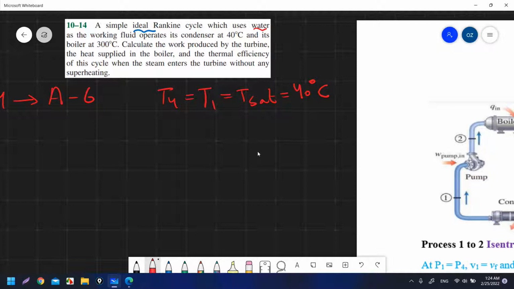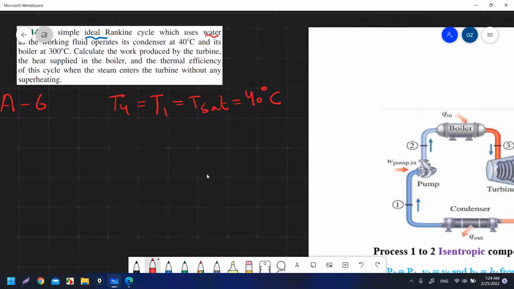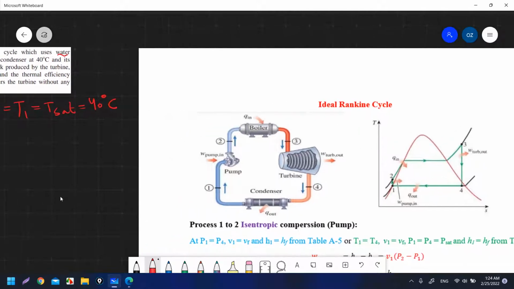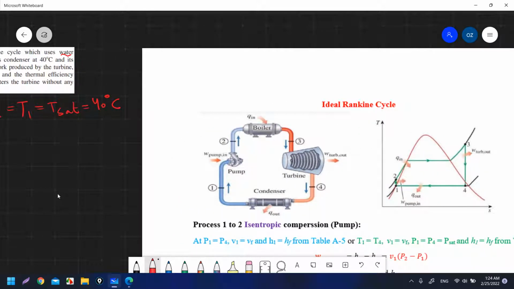And its boiler at 300 degrees Celsius. The boiler at 300 degrees Celsius means which state? He didn't say 2 or 3. In the previous question, we knew that T3 equals T2, because we calculated the quality and we knew that state 3 is here and it is a mixture and they are on the same line.